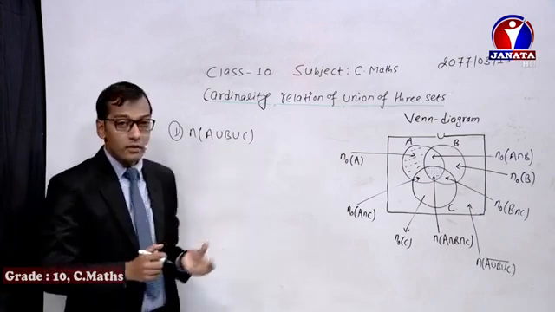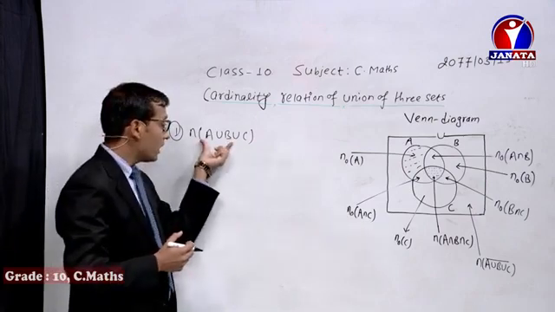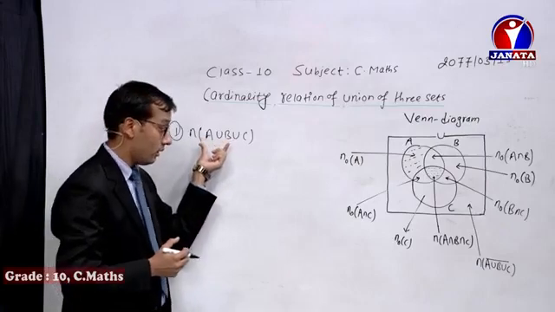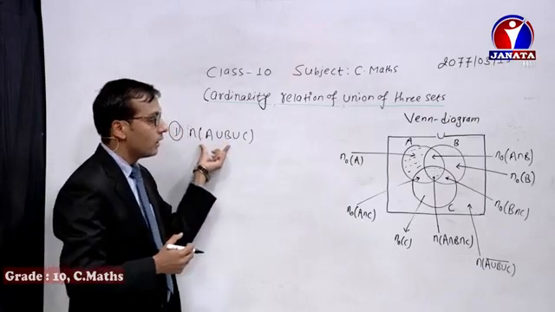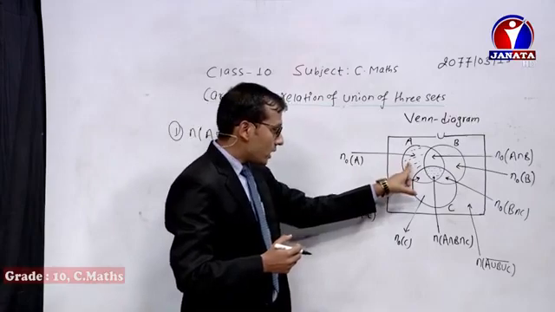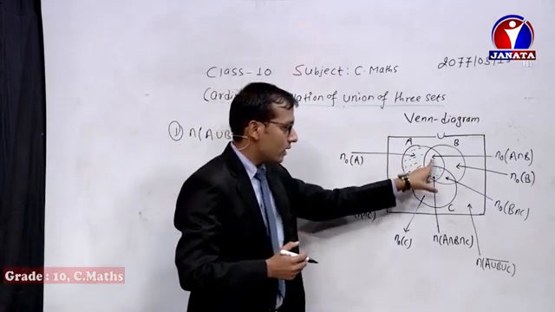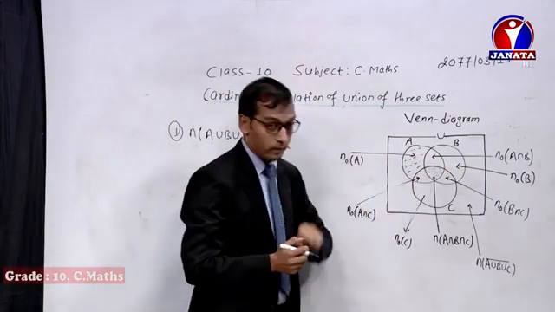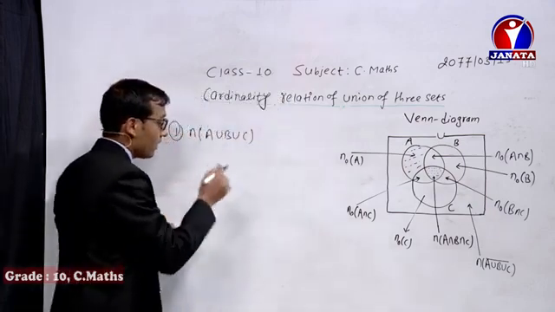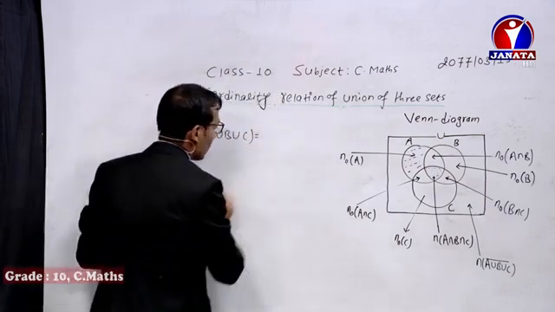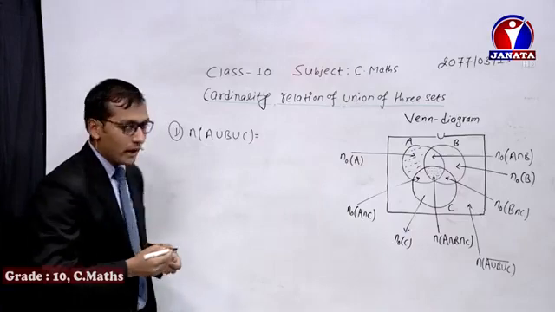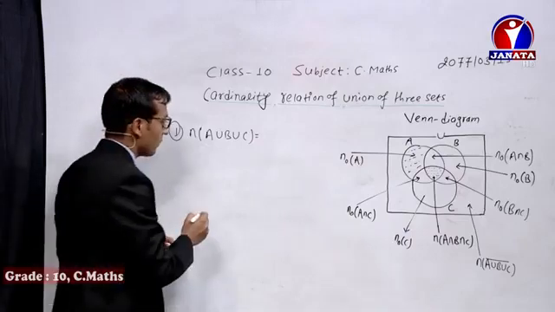So what are the different regions contained by n of A union B union C? This one is n only A, this is n only A intersection B, and so on. There are a total of 7 different regions which we can represent by different set notations.